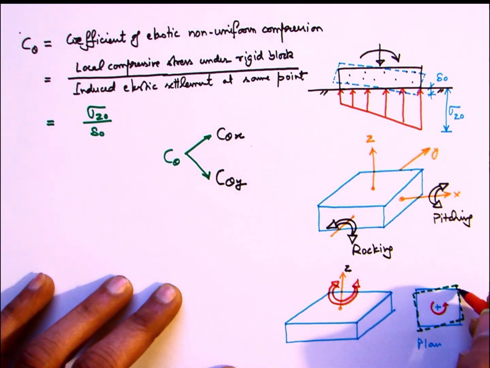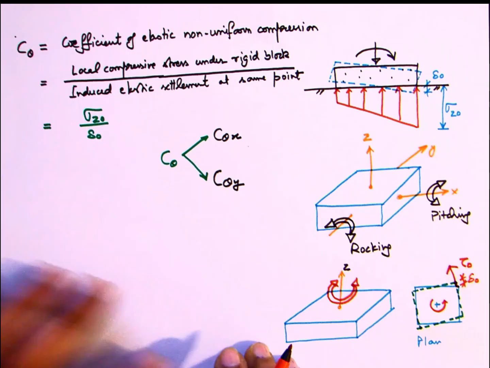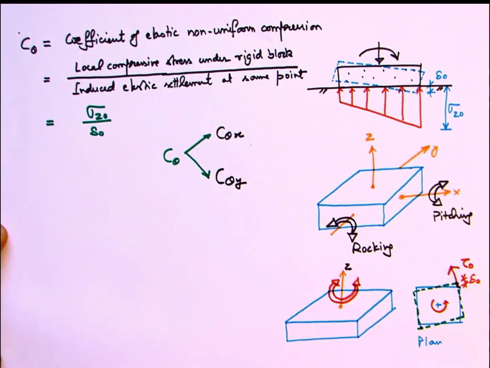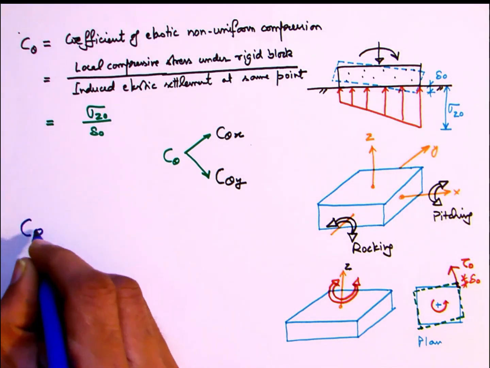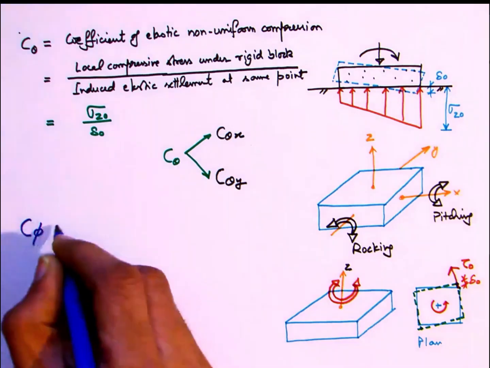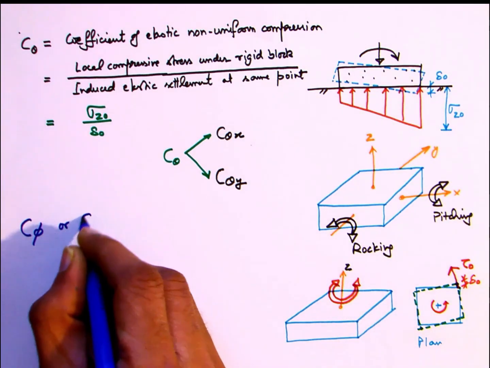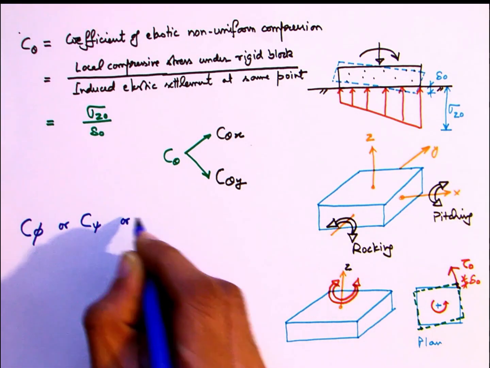So at any point the shear stress will be normal to the line joining the point with the center of rotation, and let's say at this particular point, which is the corner, the shear stress is tau naught in the horizontal direction and acting tangentially, and the corresponding horizontal deflection is delta naught.